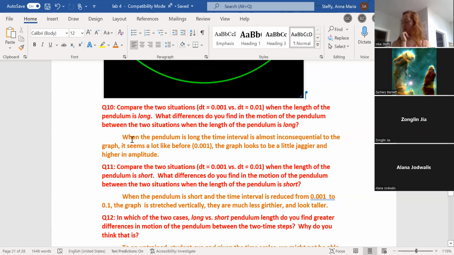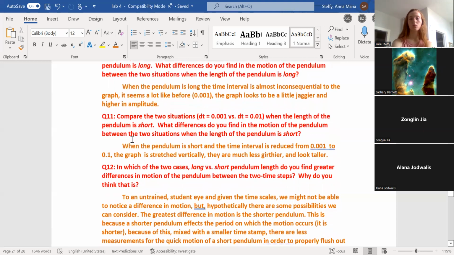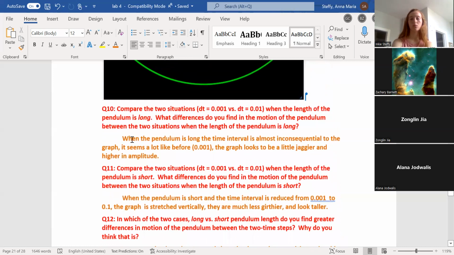It's a good idea though. I might have, but I'm not sure if I pulled it at the same exact angle and length when I tried it with a different time step, but it might have slowed down faster for the larger time interval at 0.01, but I don't know.